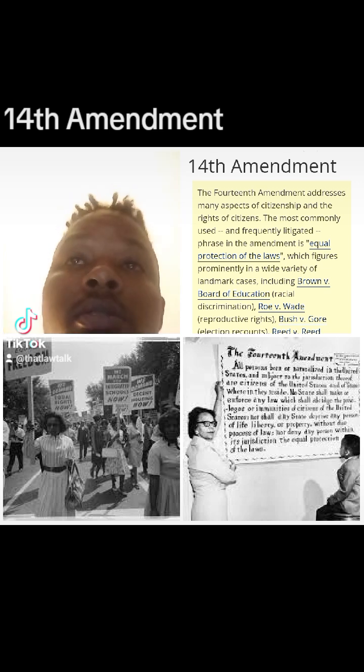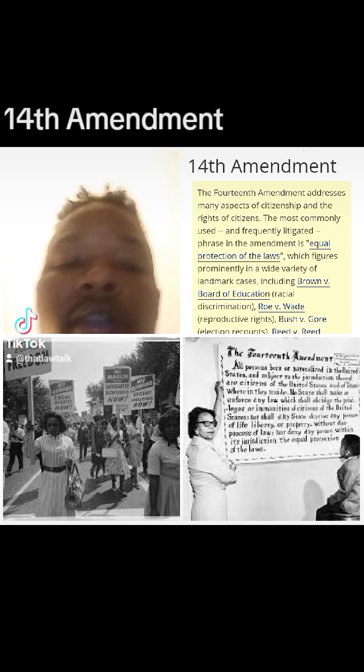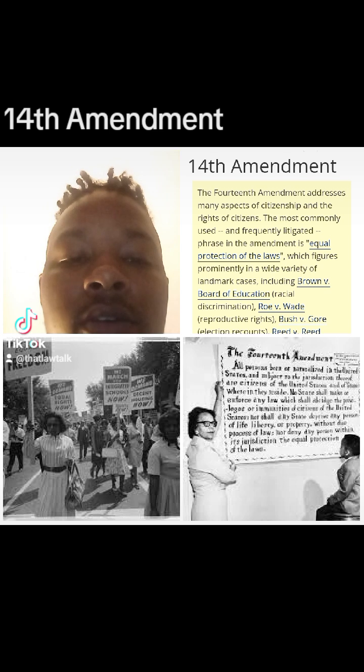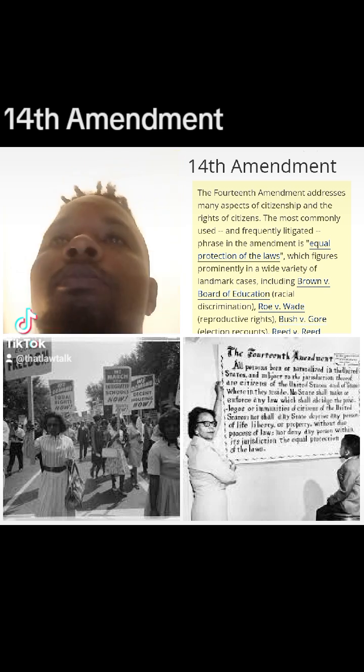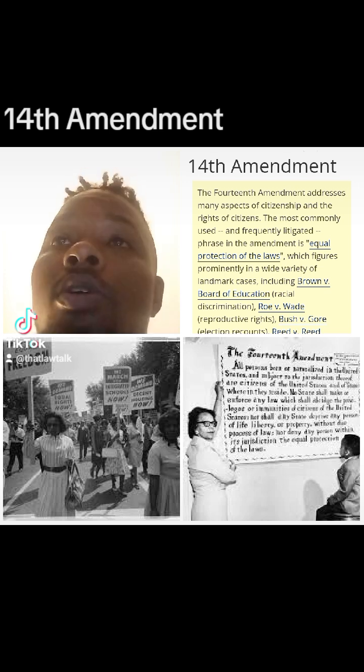Context and interpretations. The 14th Amendment contains several key provisions, right? See, this amendment here was specifically made for those who were freed out of slavery, right? Citizenship clause. This clause establishes that anyone born or naturalized in the United States and subject to its jurisdiction is a citizen of both the United States and the state in which they reside.